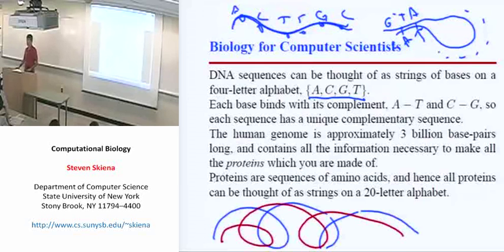You're probably used to the idea that DNA comes as this double helix. What does that mean? That means that each one of these single-stranded molecules has basically a pair. So if this was ATCG, this would be CGAT.